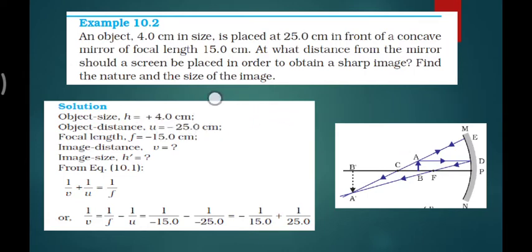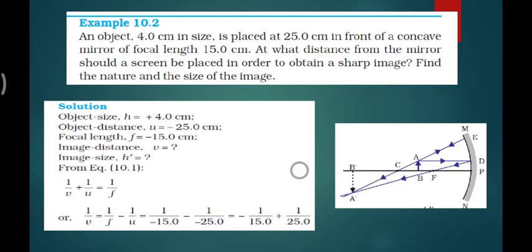It is a concave mirror, so all the distances which are on the left of the pole are minus as per our Cartesian sign conventions. So the focal length is minus 15, the object is also on this side, so its distance is minus 25. h is taken upward, so h is plus 4.